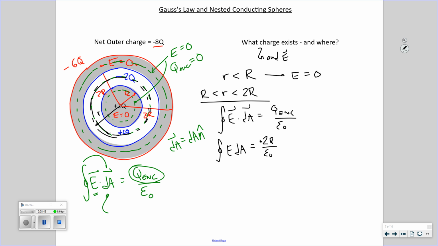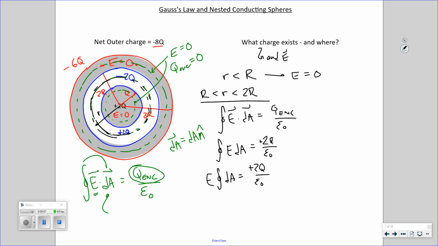Now, everywhere on our surface, symmetry arguments say that E is constant, because our Gaussian surface has been chosen to be equidistant from the center of that inner sphere. So we can take E out of our integral and integrate only dA, equal to 2Q over epsilon naught.